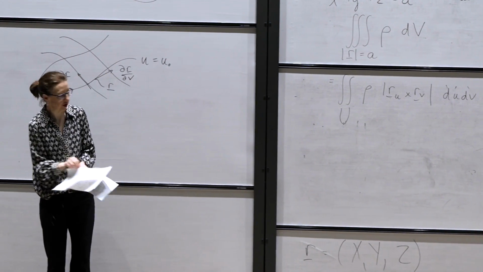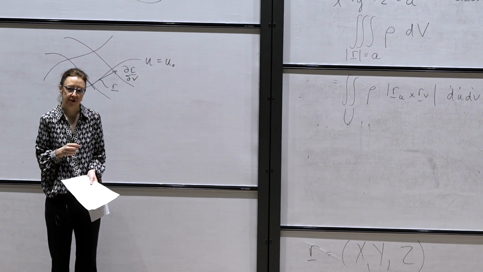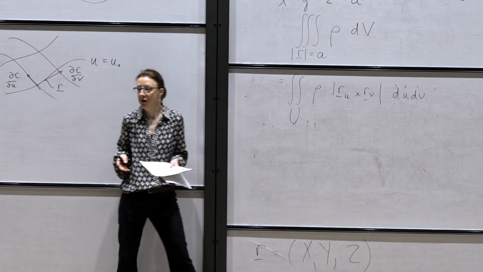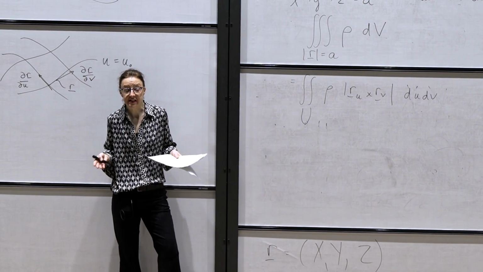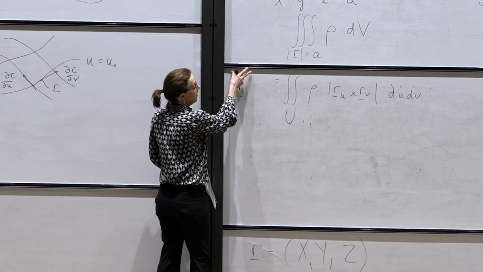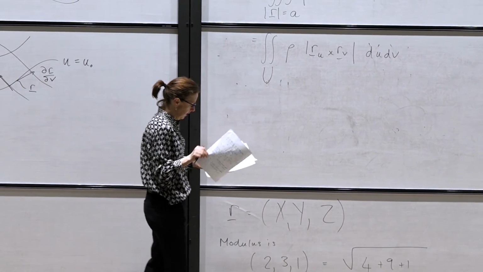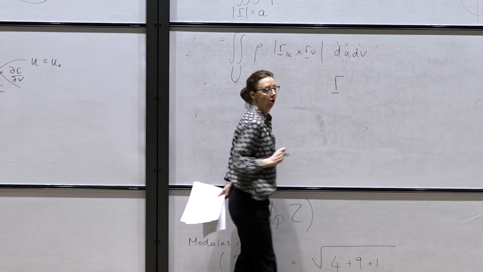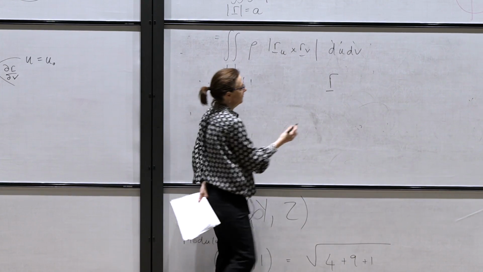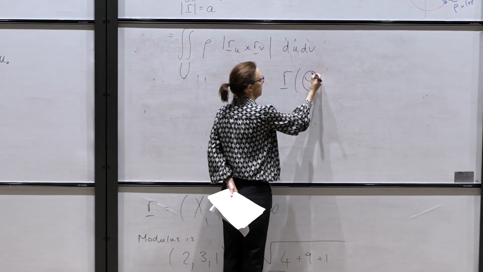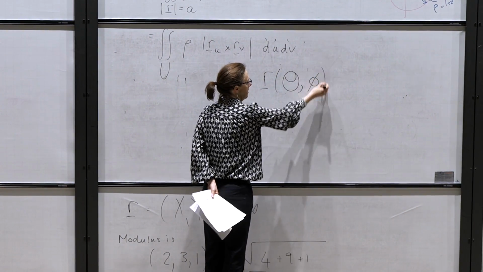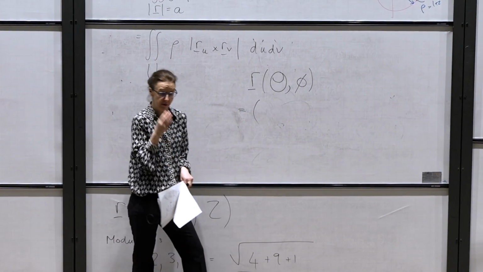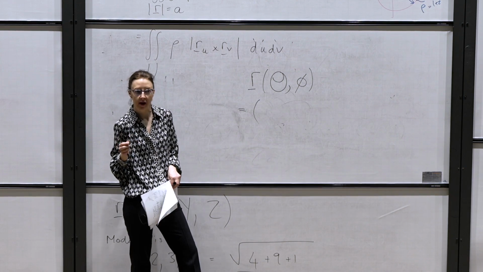So what I haven't told you is what is u and what is v. Now you just appeal to what you know about geometry. If it's a sphere, then you want to use spherical polar coordinates. And so any position r on the surface of the sphere can be defined in terms of its angles theta and phi. We're on the surface, so the radius is r equals a.